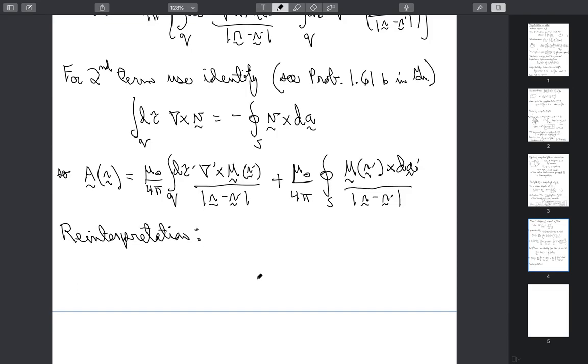So we can give a reinterpretation for this formula. The reinterpretation that we will give is as follows. We will say that the curl of the magnetization corresponds to some density of currents. Okay, so this is a bound current density.